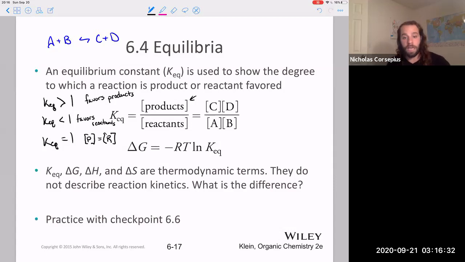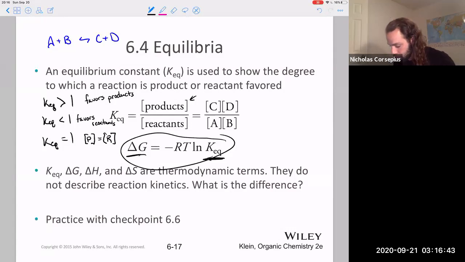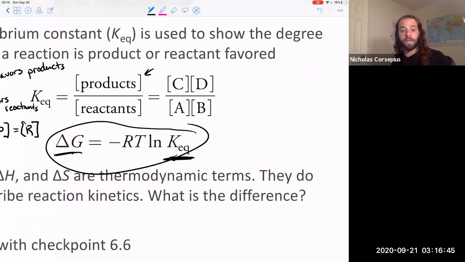Okay, it turns out that your equilibrium constant is exactly related to the free energy change in this reaction. So let's make a little diagram here. It's related in terms of R, which is the ideal gas constant, times temperature, times the natural log of the KEQ. So it's a log relationship.